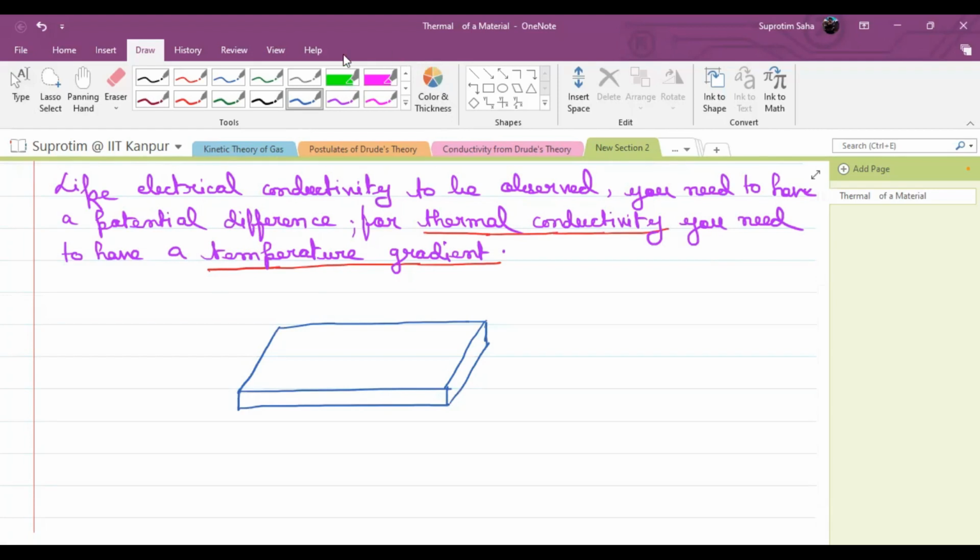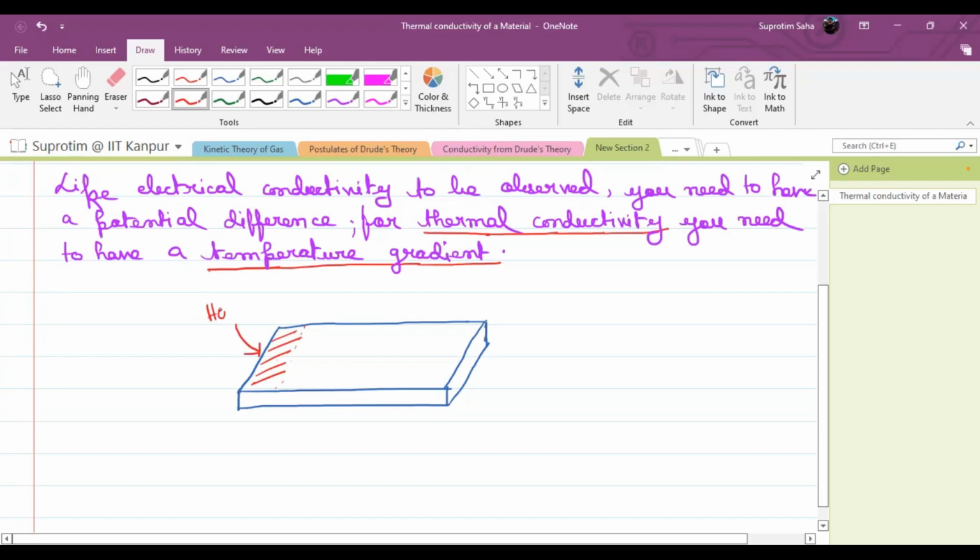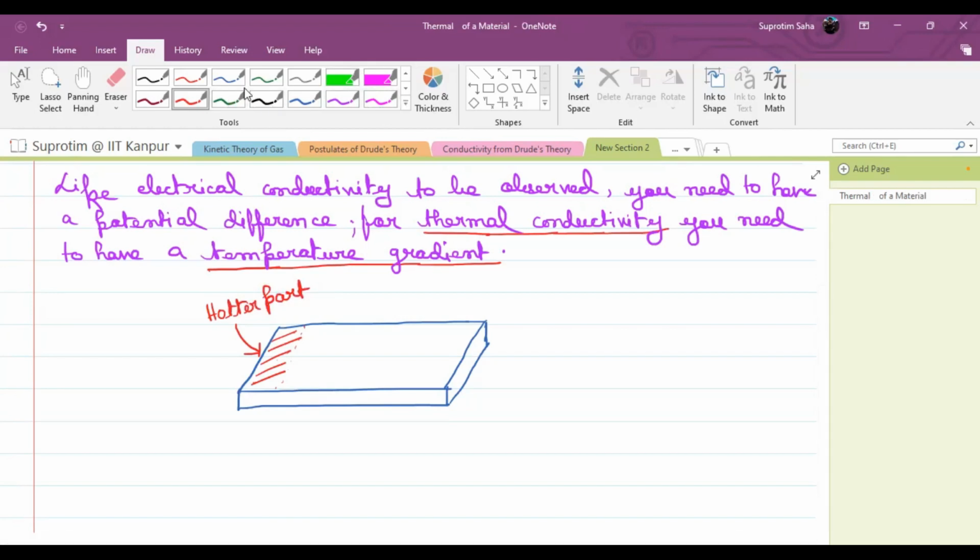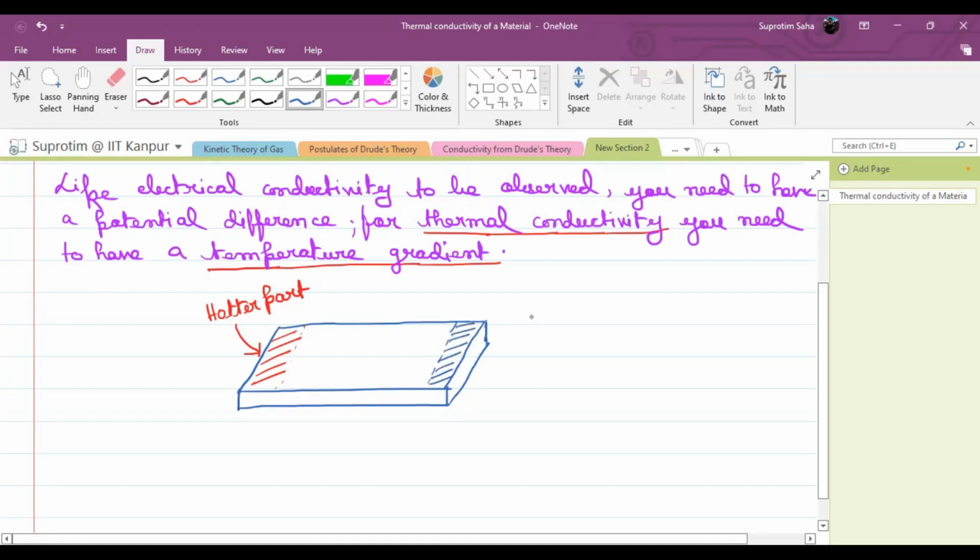Take a sample whose one end is hot. Note it by red. This is your hotter part. Fine. All right. The other end is a colder one.